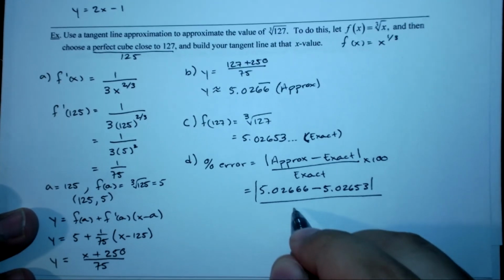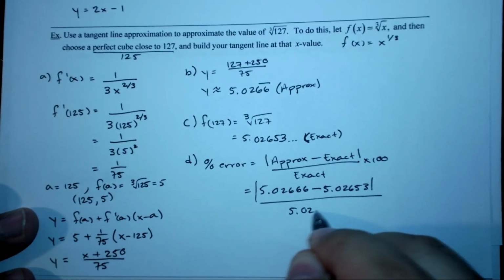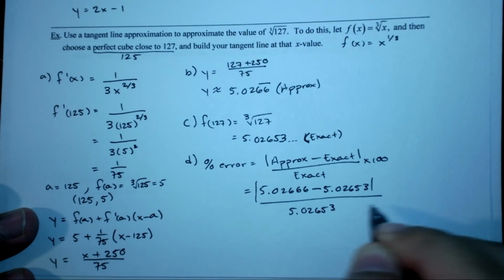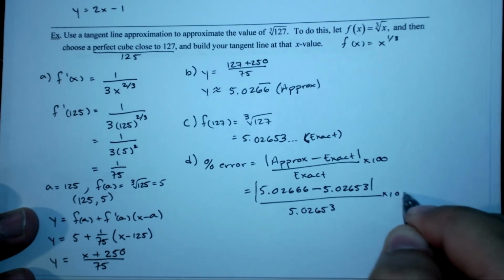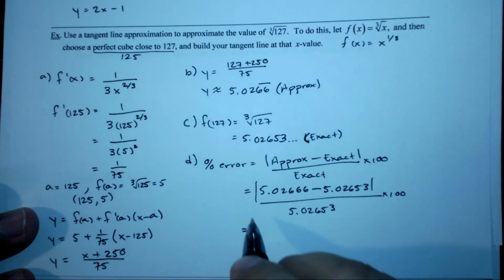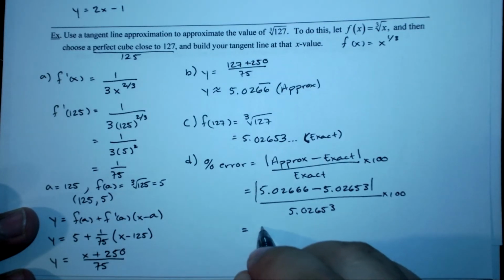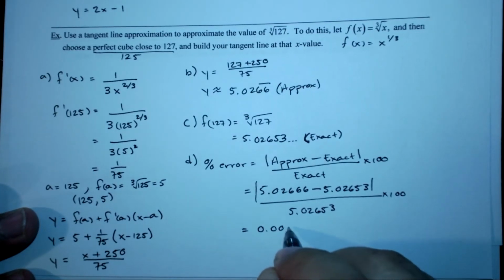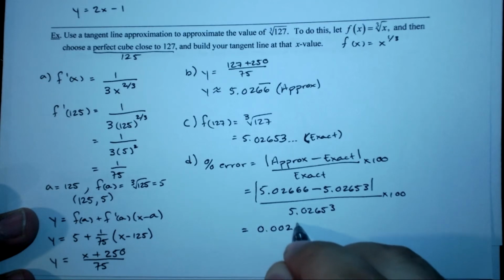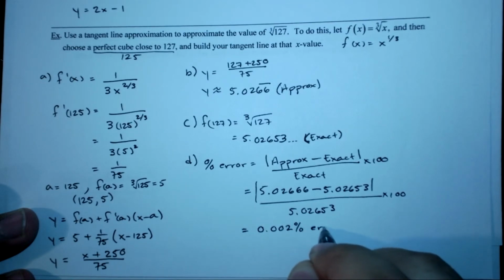Divided by 5.02653 and so on, right? Times 100. And when you calculate all of that out, you should get about 0.002% error.